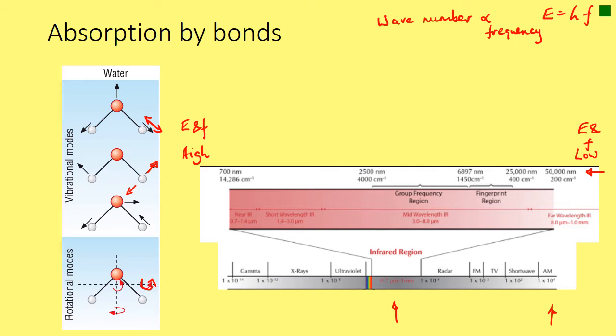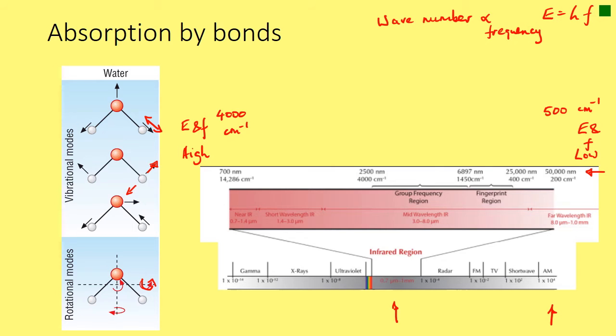So we've got low frequency on the right and high frequency on the left. But we actually want to use a measure called wave number instead of frequency, and it's just to make the numbers a bit easier. So when we get down at this end of the spectrum, the wave number is about 500, and the units are centimeters to the -1, reciprocal of centimeters. And when we get up to the high energy part of the infrared part of the spectrum, the wave number is about 4,000. Again we've got centimeters to the -1 being the unit of wave number.